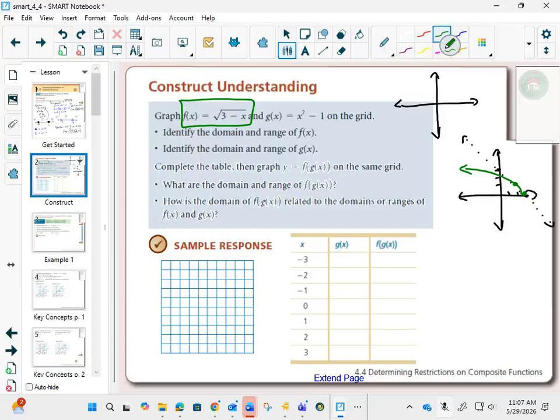If I use transformations, I would rewrite f of x as the square root, factor out the negative, and have x minus 3, which would mean my regular square root graph had a horizontal reflection and then was moved 3 to the right. If I imagine that and I draw it out, flipped over, moved 1, 2, 3 to the right, here are my key points. I get the same graph both ways.